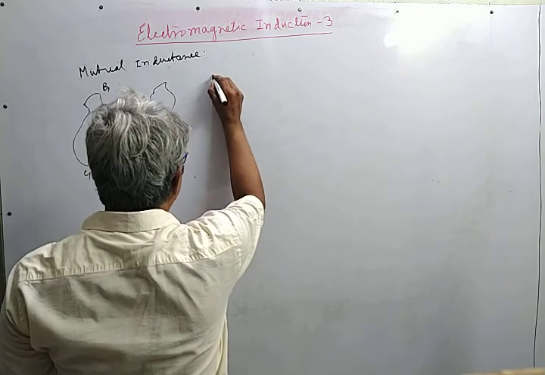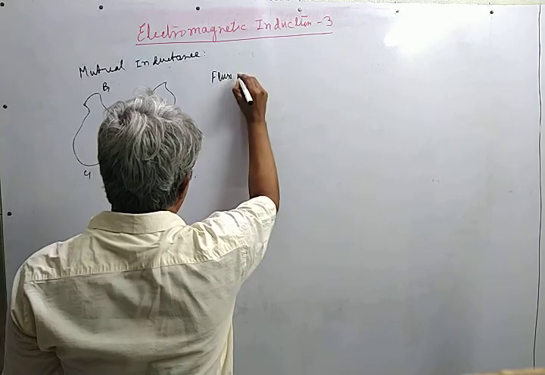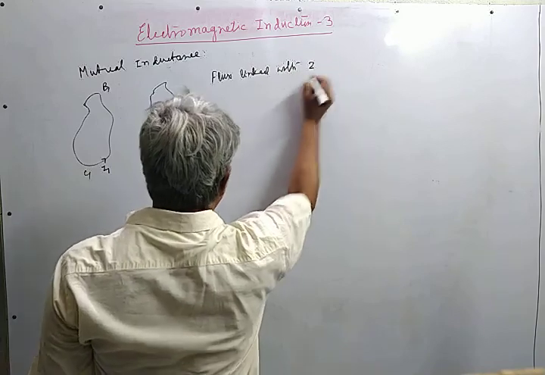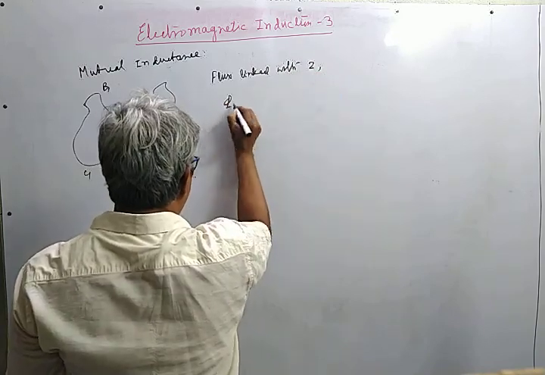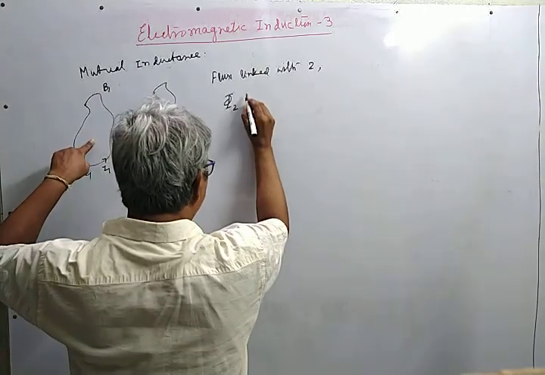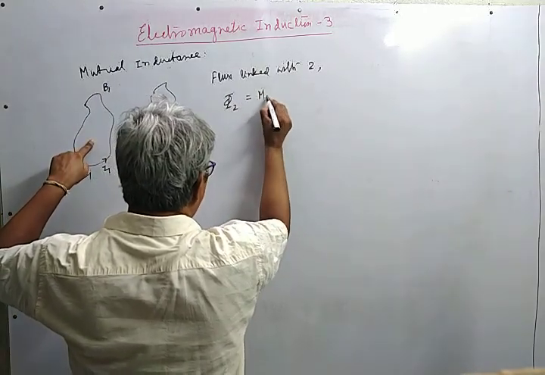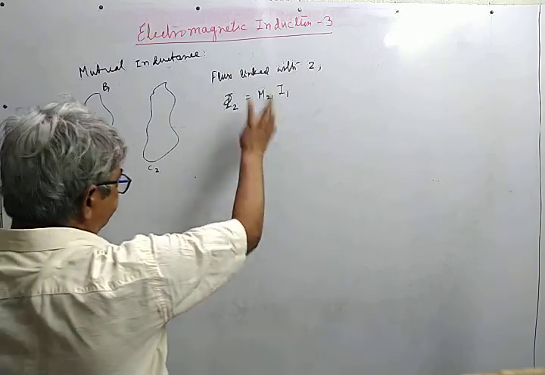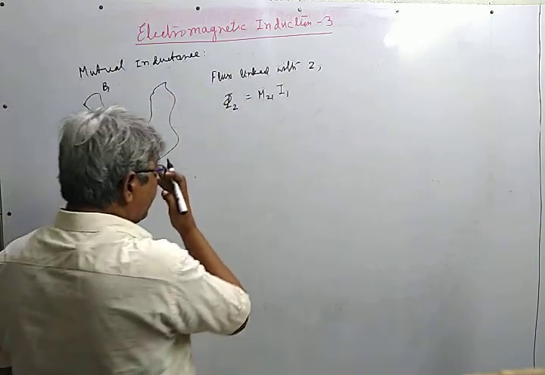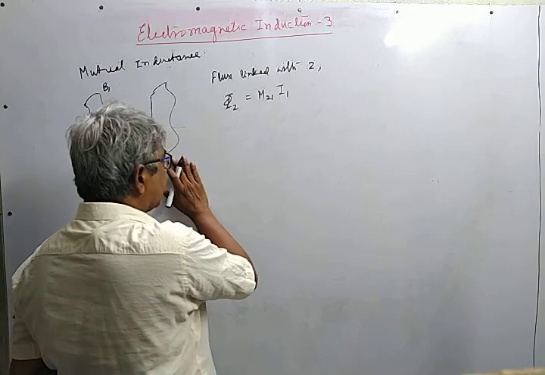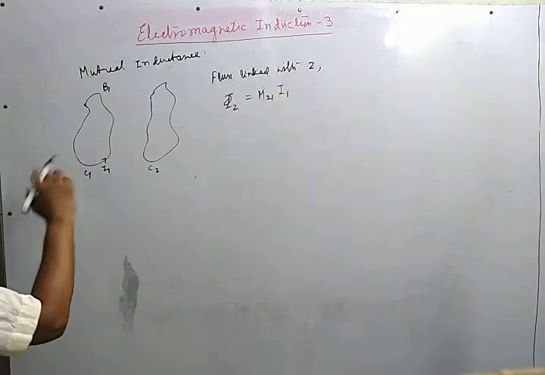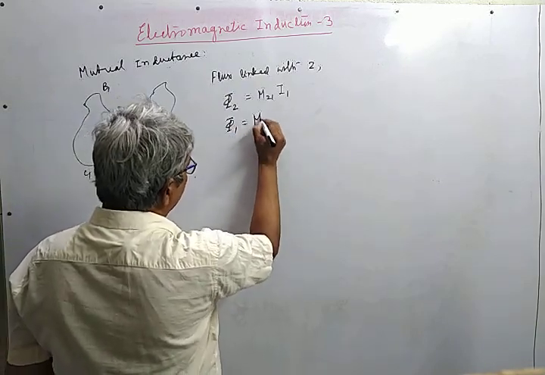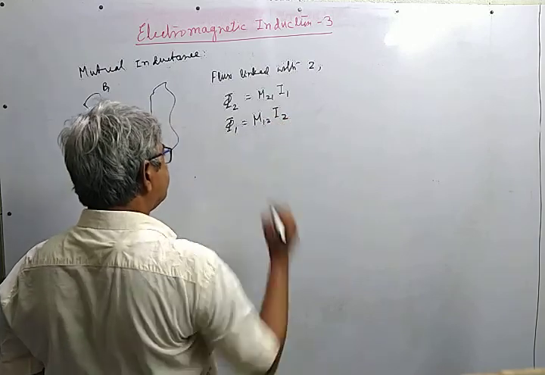So the flux linked with 2 is given by phi 2, which is proportional to I1, and we call it M21 I1, because the flux linked with it is this. Similarly, if a current I2 flows in the conductor C2 and a flux is linked with 1, we call it phi 1 is equal to M12 I2.